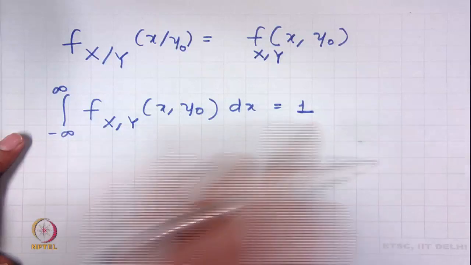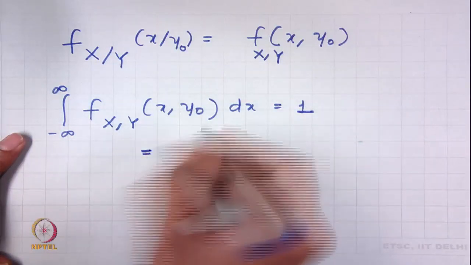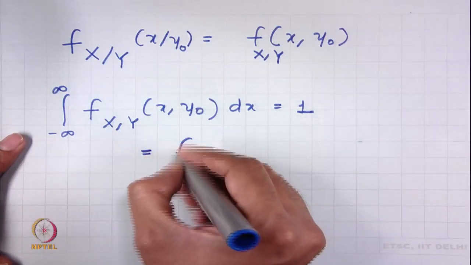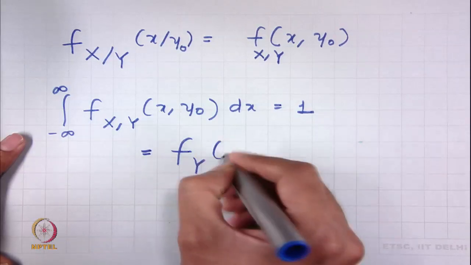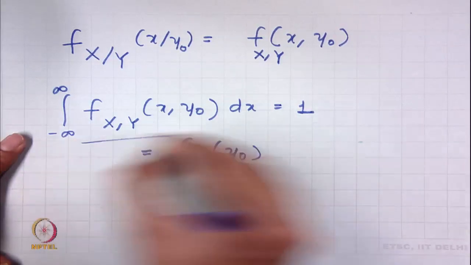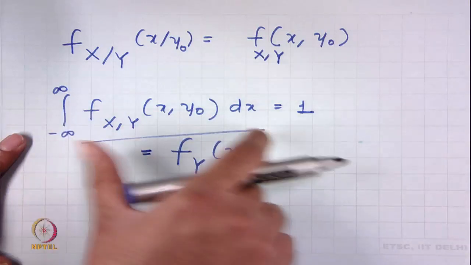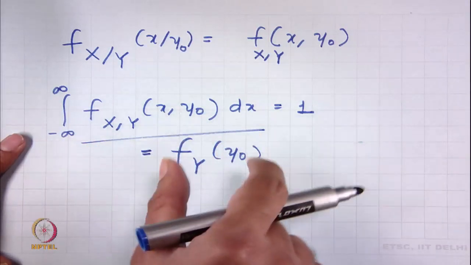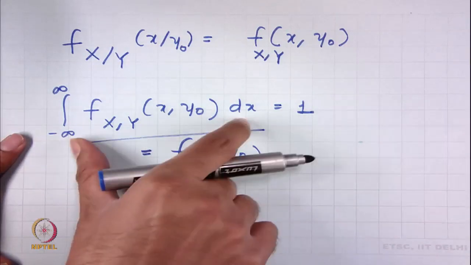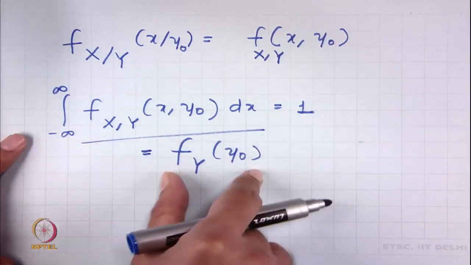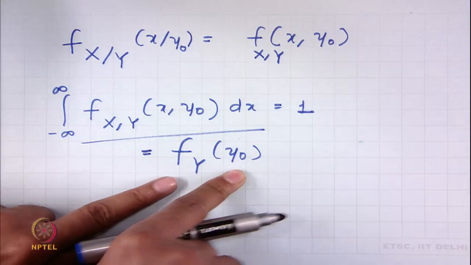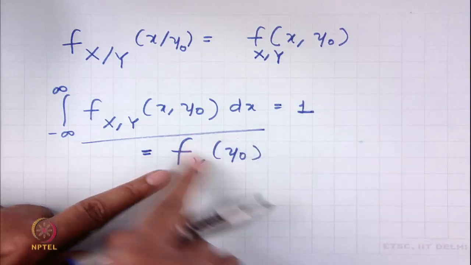And this quantity, as we have defined before, is nothing but, so this integration by definition is this quantity, right. We have already said how you can interpret the marginal PDFs in terms of the joint PDF. So, in terms of the marginal PDF, this quantity is nothing but this, and this in general will not be 1.